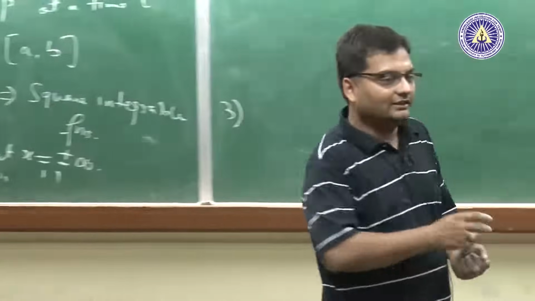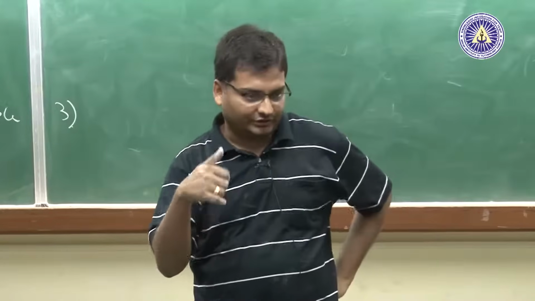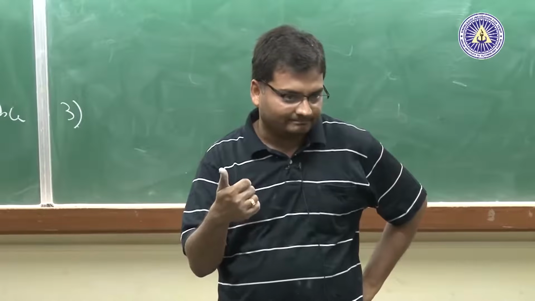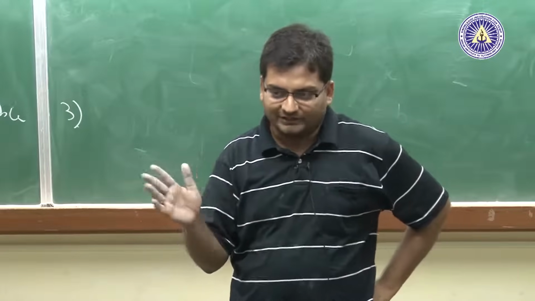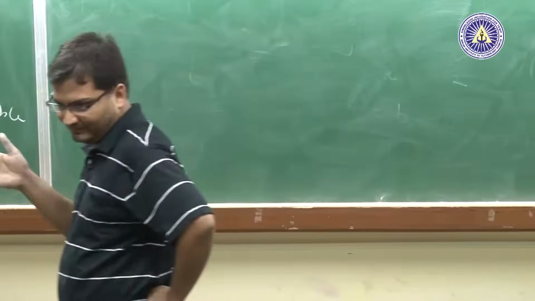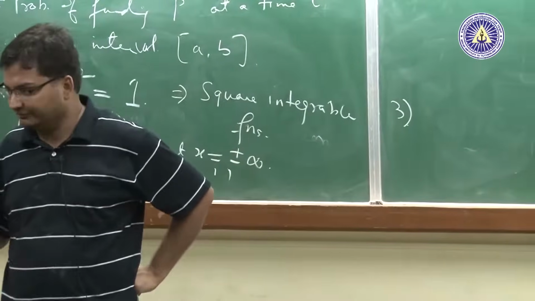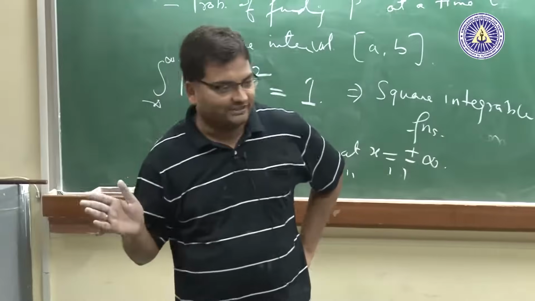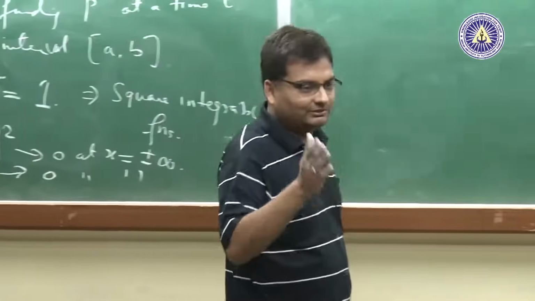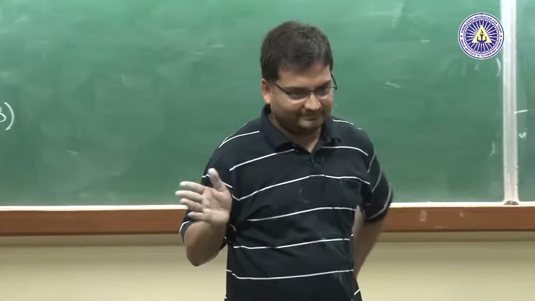Now, the wave function, because it describes the wave nature of the electron, has a lot of uncertainties built into it. So, the best we can do is possibly have a statistical interpretation of the wave function. It defines the probability distribution of possibly finding a particle at a given location.